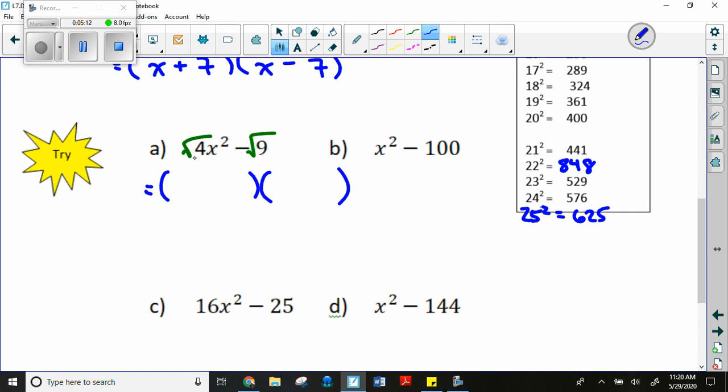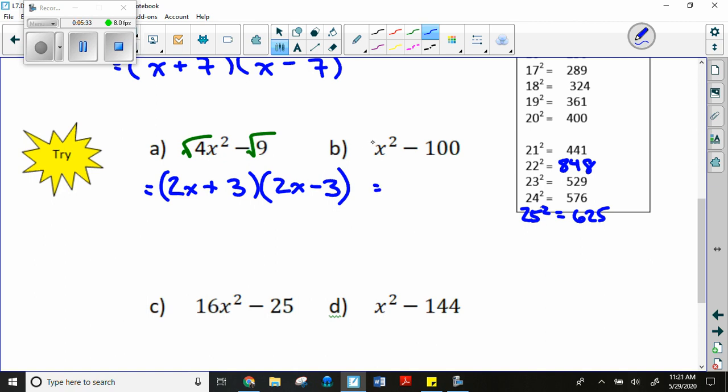The 4 is in front of the x squared, so it would be a 2x and a 2x. The numbers have to be identical. x times x gives you the x squared. One's going to be positive, one's going to be negative. Square root of 9, 3 and 3. Notice, everything's the same except one's a positive, one's a negative.